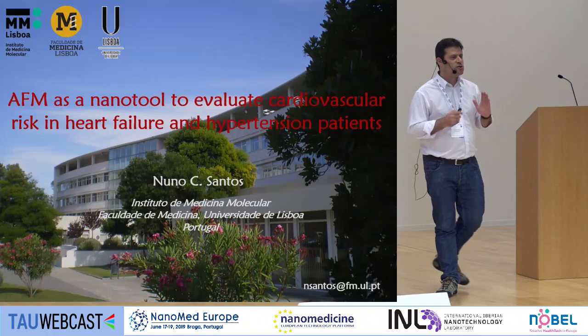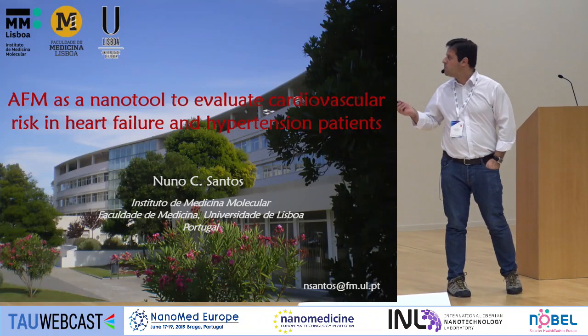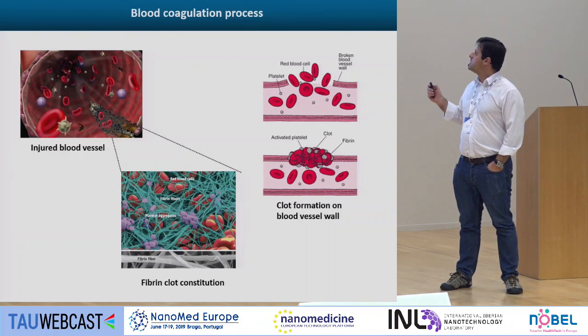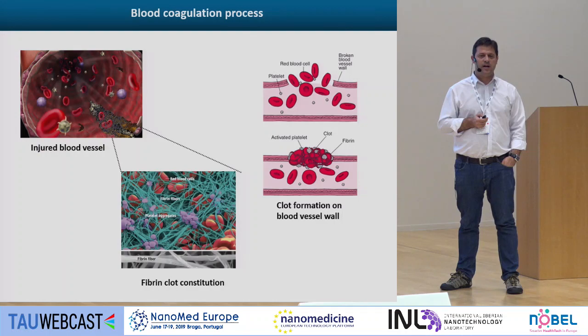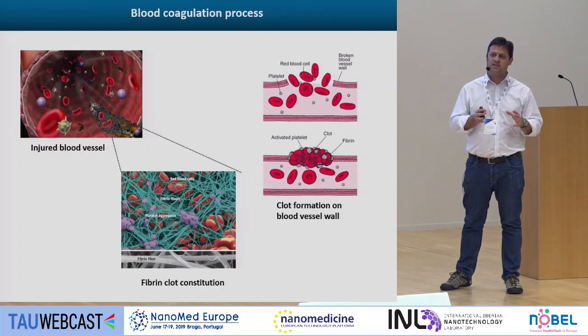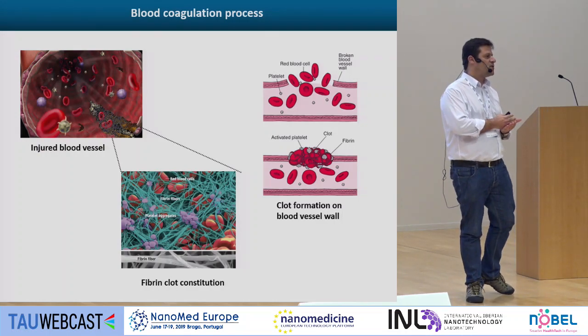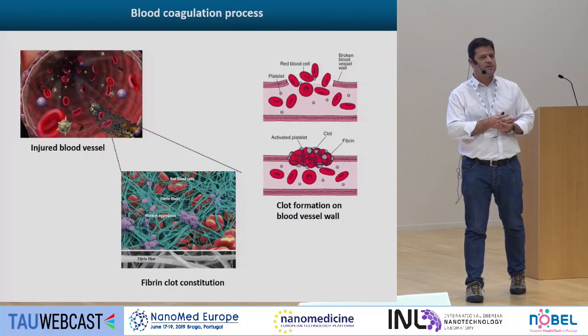And I will talk to you mostly about the interaction of fibrinogen, one of the main proteins that we have in our bloodstream, with blood cells, and the relevance of this interaction for clinical prognosis.